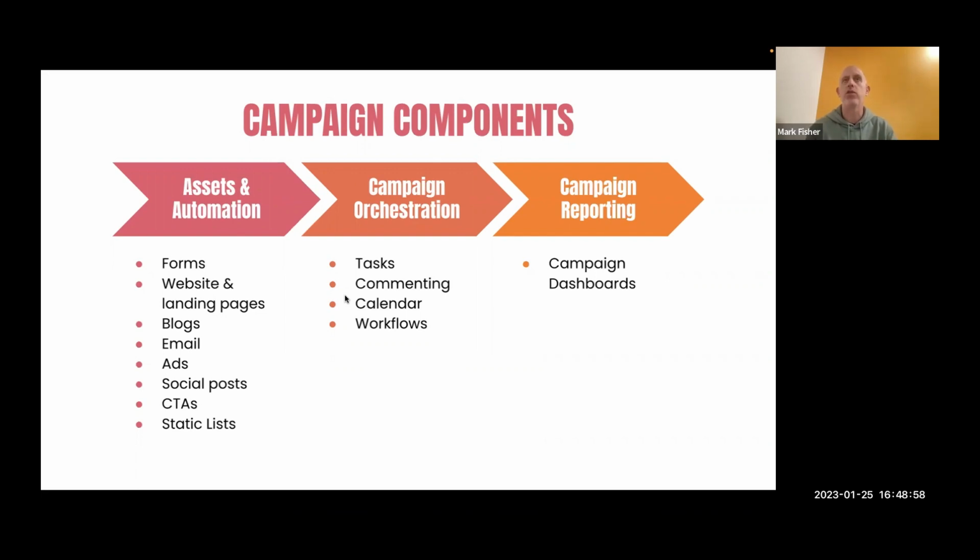So that's the attribution reporting that you need to go back to at the end of the month when this campaign is completed, in order to get more budget, to actually prove and show the sales team and the rest of the people in your company that you're working for, okay, this campaign, we should do something similar or the same thing next year or next quarter because it's been successful.